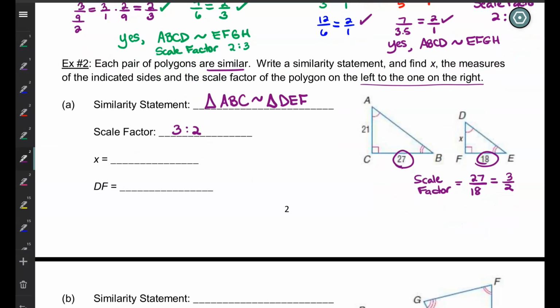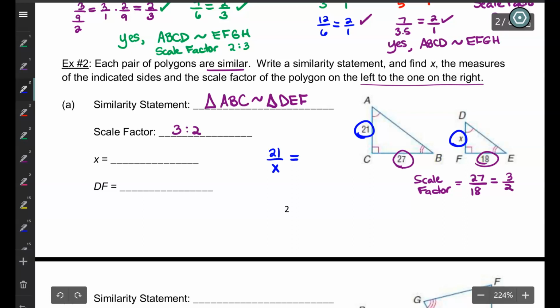Okay, now in order to solve for the value of x, this goes back to the last lesson, which was on proportions. So we just want to make a proportion. So I'm going to compare 21 over x equals 27 over 18. Now, since we already reduced the 27 over 18 to 3 over 2, you can replace it and then cross multiply.